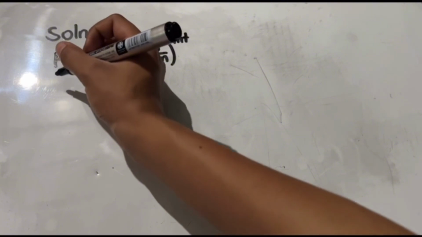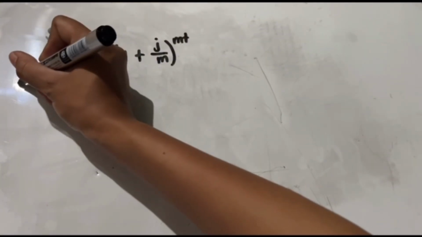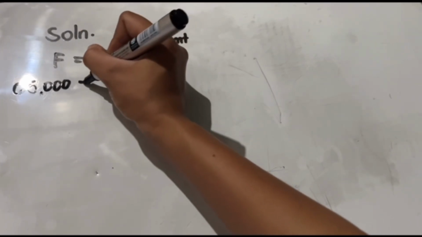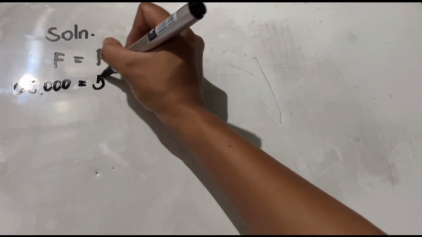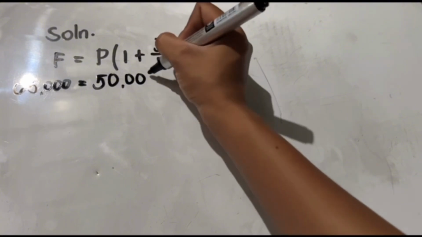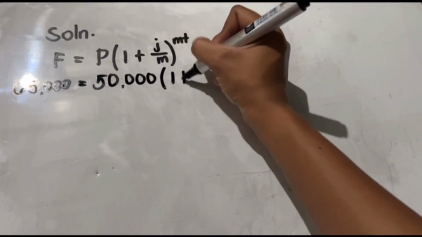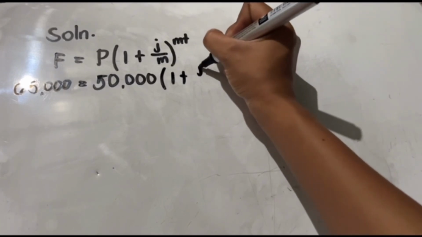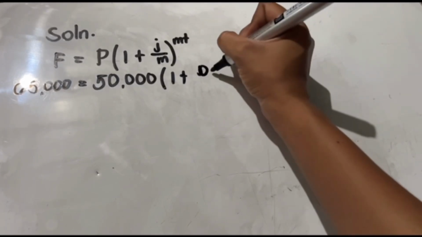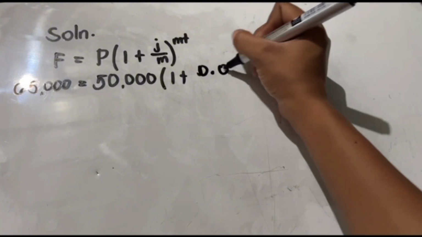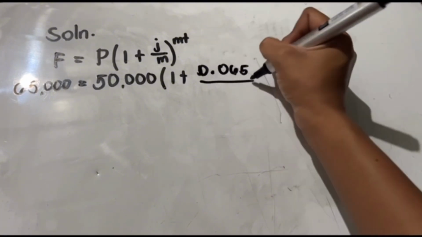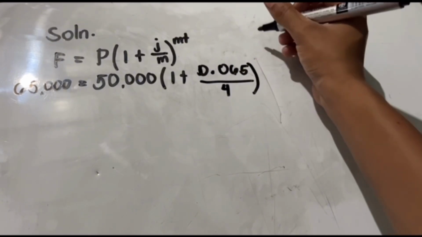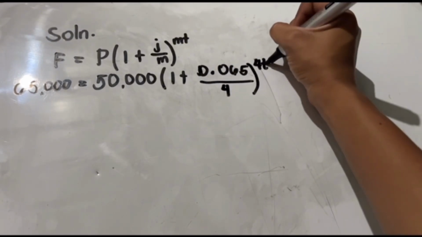For our future value, let's have 65,000 equals, for our principal, 50,000 times (1 plus our annual rate 0.065 divided by our compounding per year, which is 4) to the power of 4t.